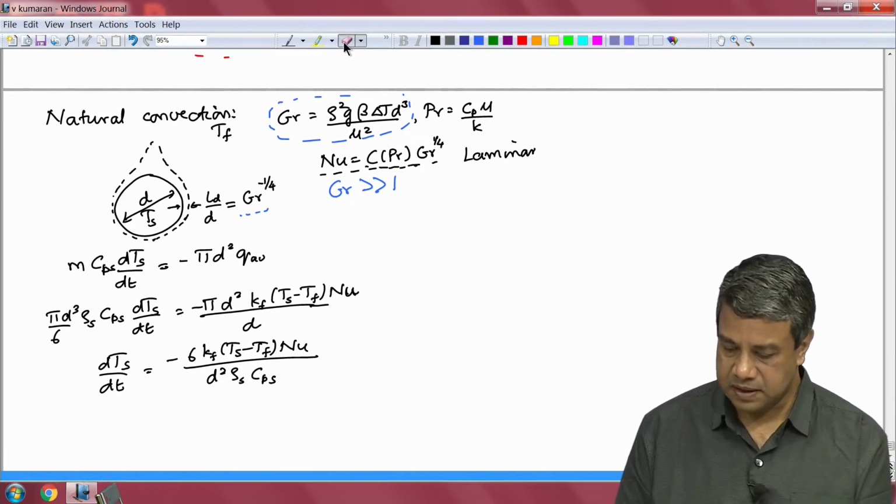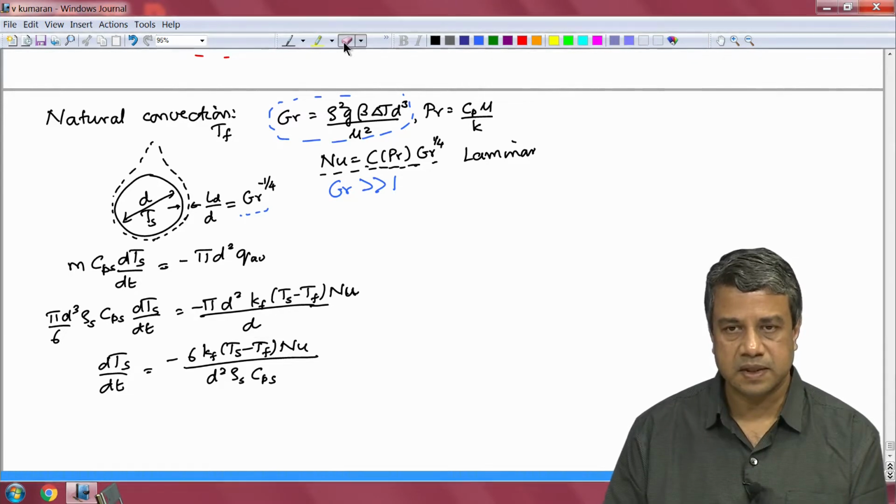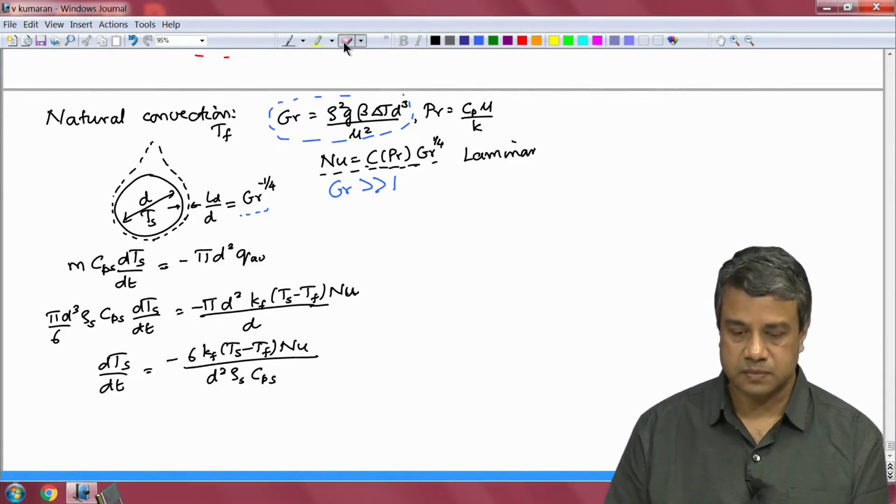In this particular case, since the mass of the sphere is a constant, I will just retain the mass of the sphere itself, whereas in the previous cases where the diameter was varying, I had to change the mass of the sphere.